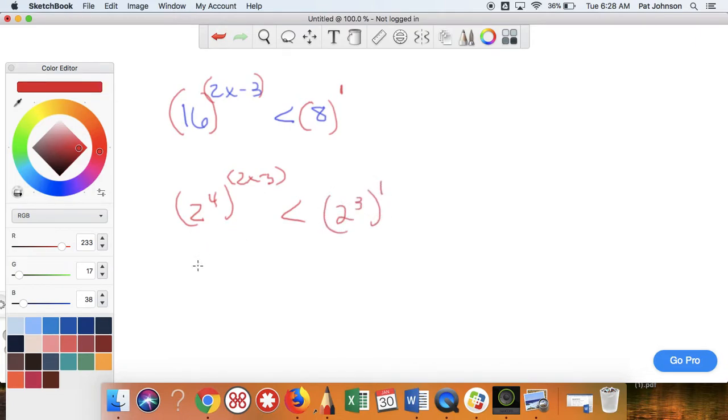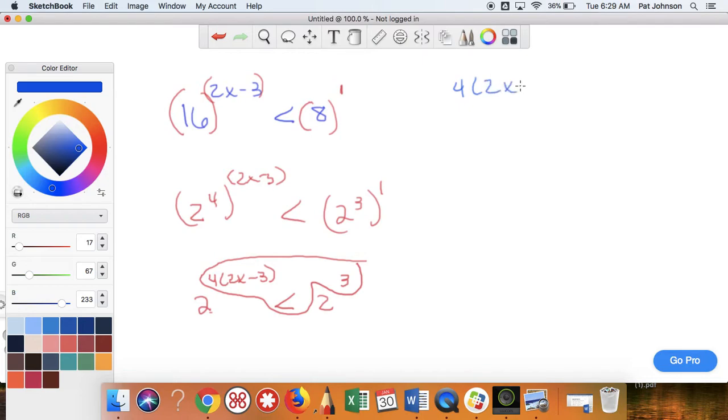Now I'm going to use the power of a power rule: 2 to the 4 times 2x minus 3 is less than 2 to the third power. Now that I have the same bases, I can write the inequality with just the exponents. So now I can say 4 times 2x minus 3 is less than 3.